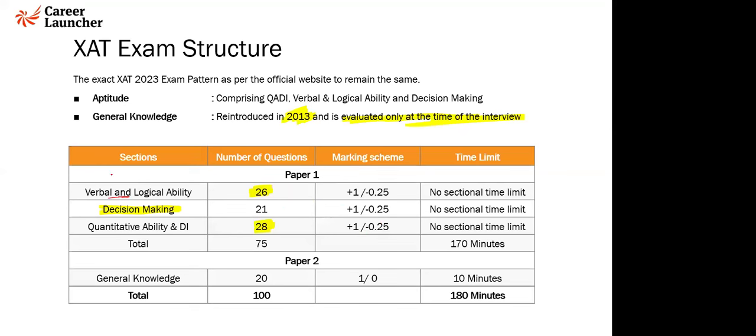Unlike CAT, where I say you should go through the passage quickly and move on to the question, here make sure you understand everything. Go through the passage at a comfortable pace. If it is slower than your normal pace, not an issue. Go through the passage completely and then go to the question.